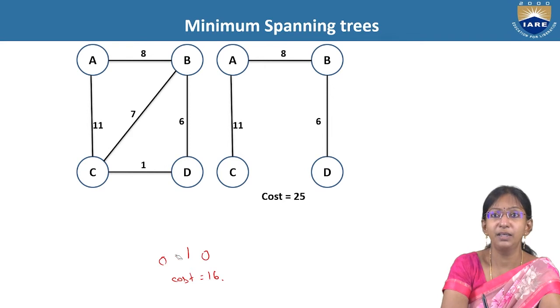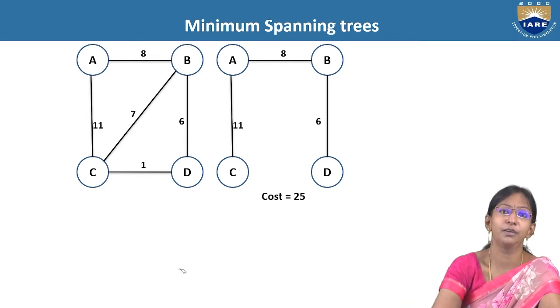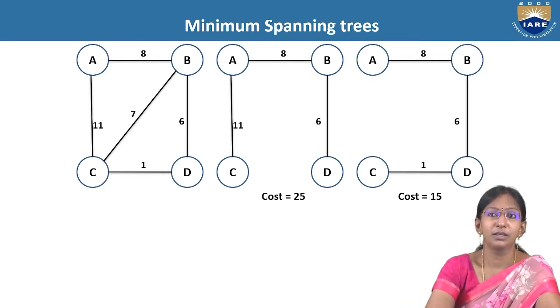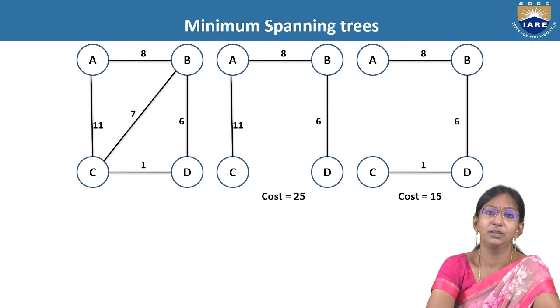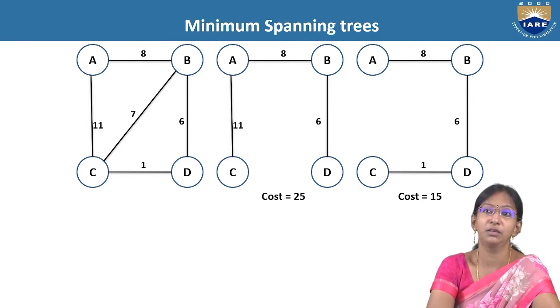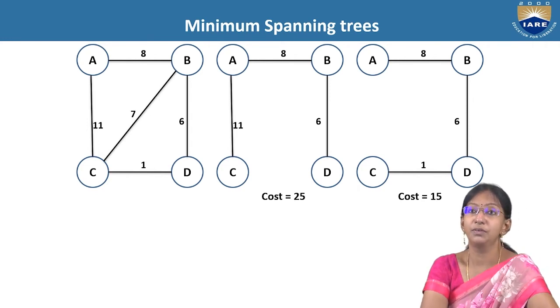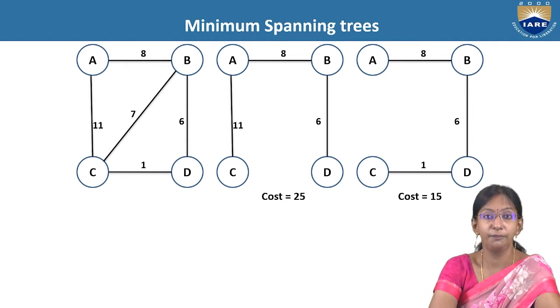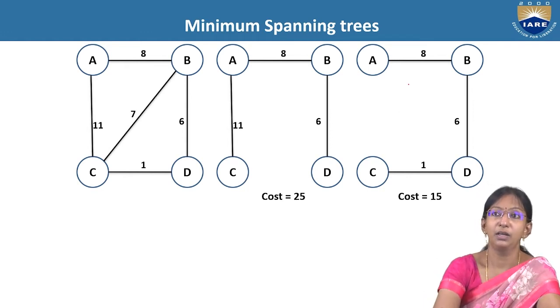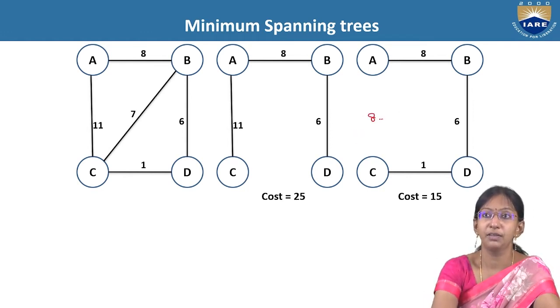And its weight, the new one's weight, is less than the one which I showed earlier, whose weight is 25. So have a look at this one. This is the minimum spanning tree. See, the previous one was giving 16, now this is giving just 15. So here 8 plus 6 plus 1 will give you 15, right?